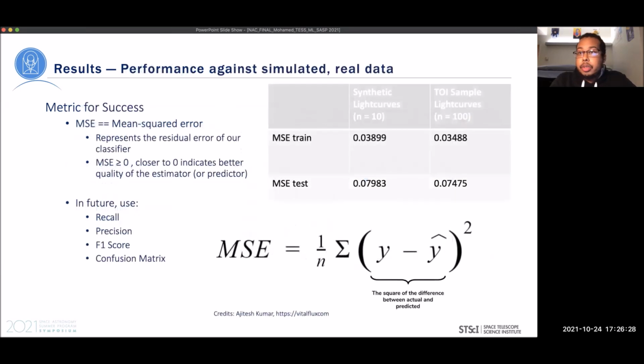So how did our random forest classifier perform? If you recall back to the papers we read, there were percentage accuracies of like 98%, which I think is really cool and really stellar. What we did to quantify our success was just use the mean squared error, which you can think of as a proxy to accuracy. The mean squared error we had on our training data on synthetic and real light curves was about 0.04, or about 4%.